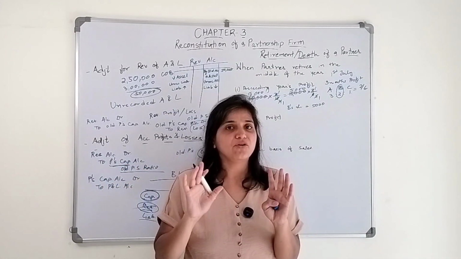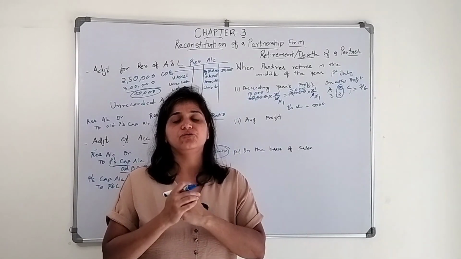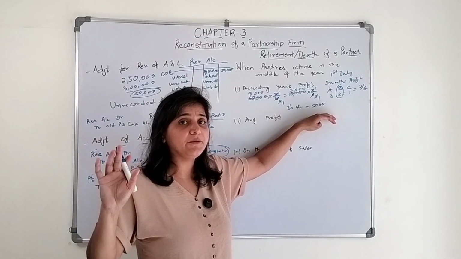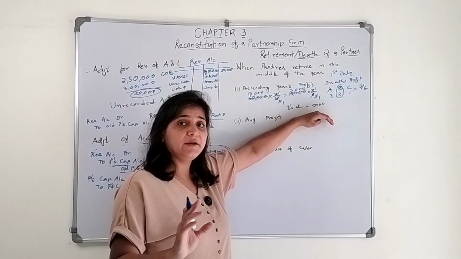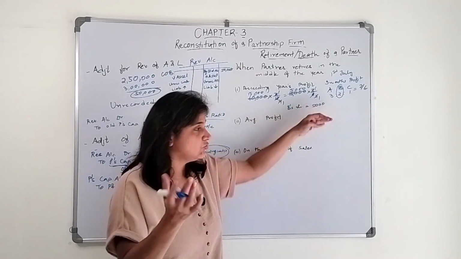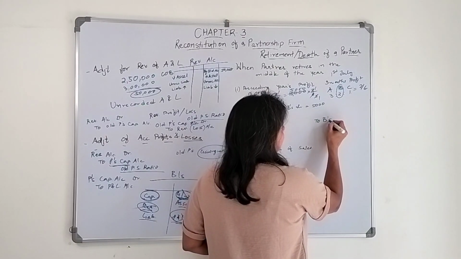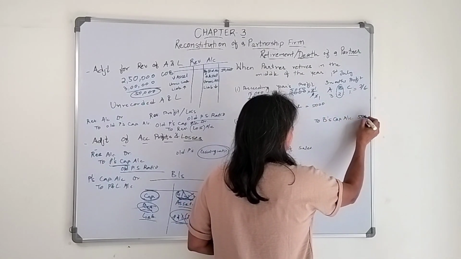Okay, now we have not prepared the profit and loss account. What we need to do in that case? There's no profit and loss account. When do we prepare the profit and loss account? At the end of the financial year, right? But in the middle of the year, B is retiring. Now we need to credit B's capital account. This we know. To B's capital account, we will give this amount 5,000.